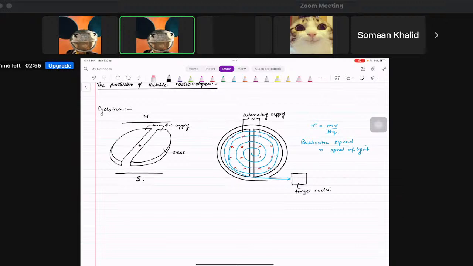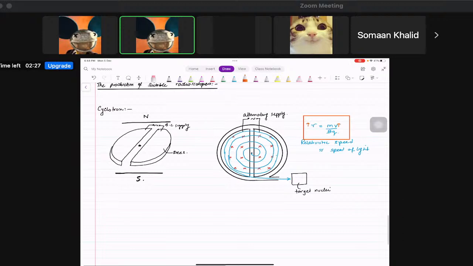There's a magnetic field and then an alternating supply. It just keeps on going. It makes a charged particle go round in circles and keep on increasing its speed, so the momentum increases. And we have learned this formula before, which causes, as the speed increases, the radius to increase, so it becomes a spiral, and we can hit the target nuclei, right, like that.